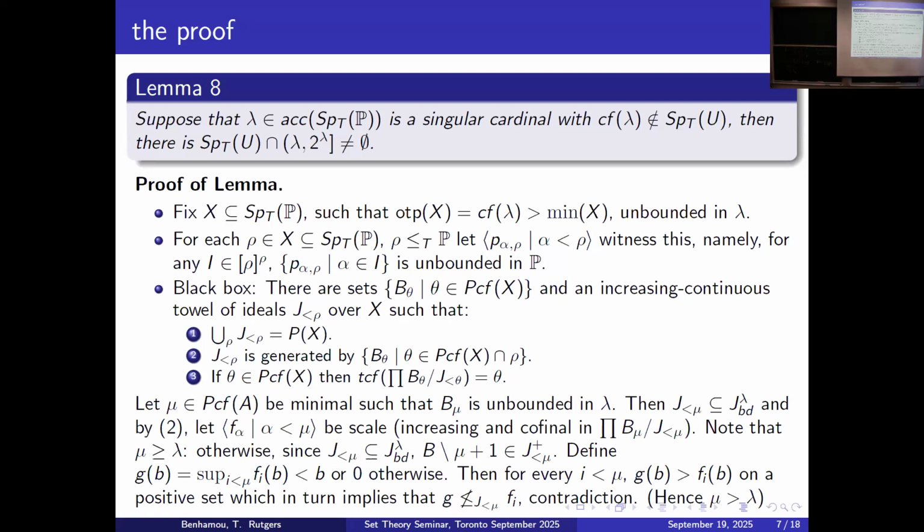And let mu be the least such element in the PCF of A. Note that by minimality of mu, J less than mu being generated by all of these sets, for every mu prime less than mu, B mu prime is an element of J less than mu, so it's bounded. Okay.